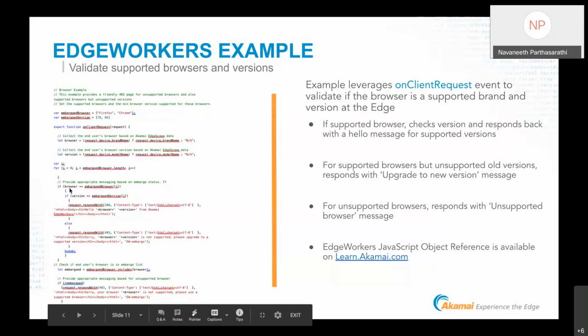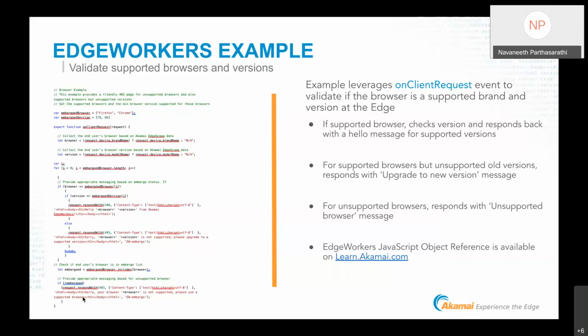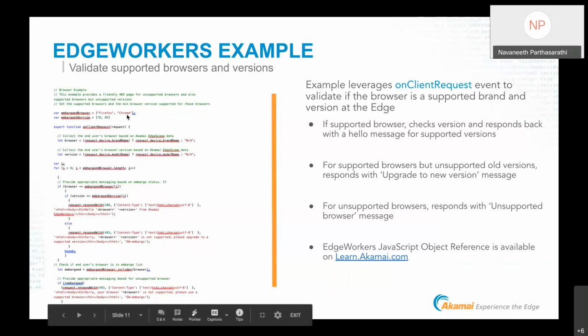If the browser is not in the supported browsers, then it tells a very straightforward message saying your browser is not supported. Please use a supported browser. So this is what you saw when I tried using my site on Safari browser, because I've not added Safari here. I only added Firefox and Chrome here.